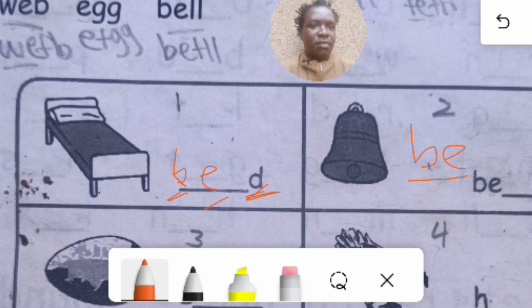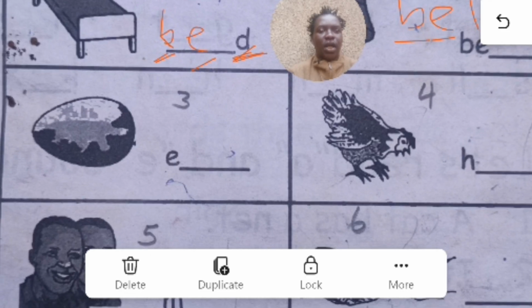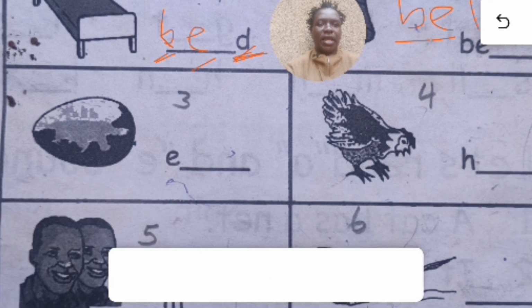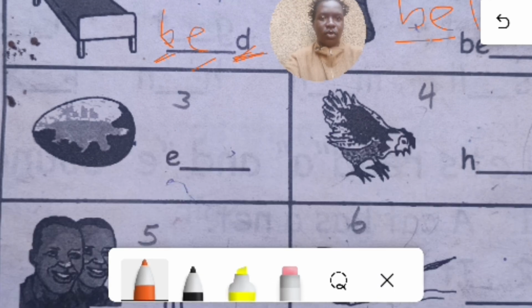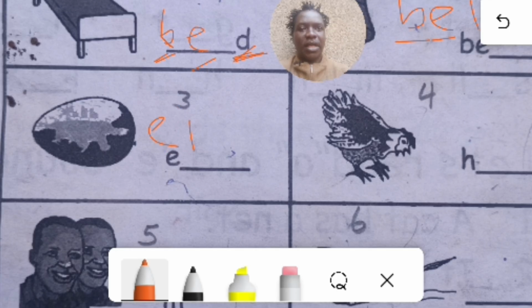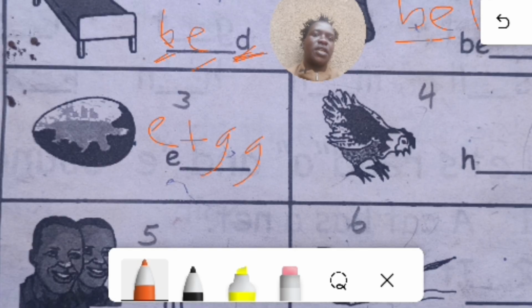Because it's a bell, then we have double L here. And then picture number 3, we have egg. Egg starts with A or E, as we said before. E plus double G, this gives us egg.